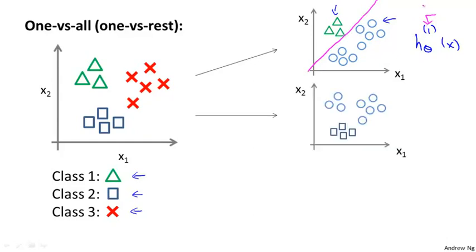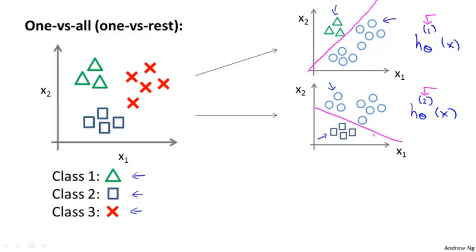Next, we do the same thing for class 2. We're going to take the squares and assign the squares as the positive class and assign everything else, the triangles and the crosses, as the negative class. And then we fit a second logistic regression classifier. We'll call this h of x superscript 2, where the superscript 2 denotes that we're now treating the square class as the positive class, and maybe we get the classifier like that.